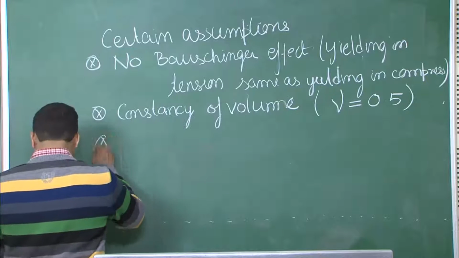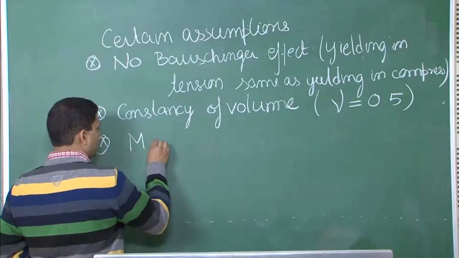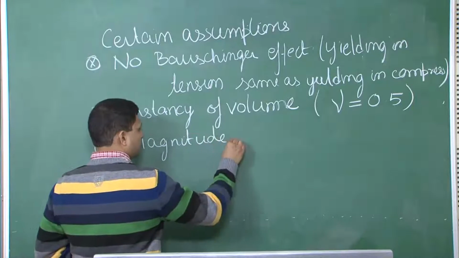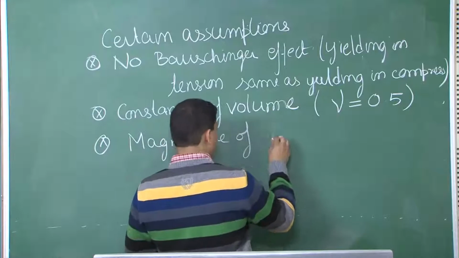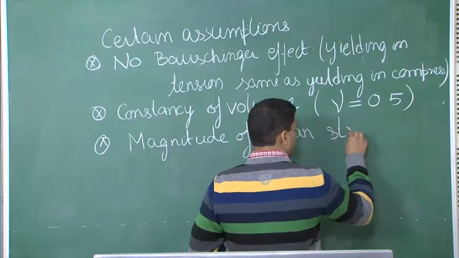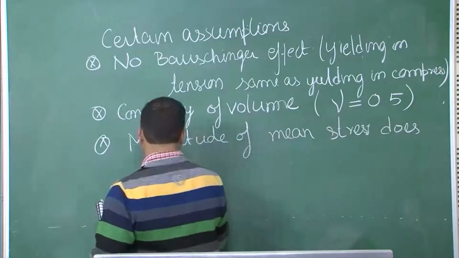So, this is another constraint, and the other is that the magnitude of mean stress does not influence yielding.